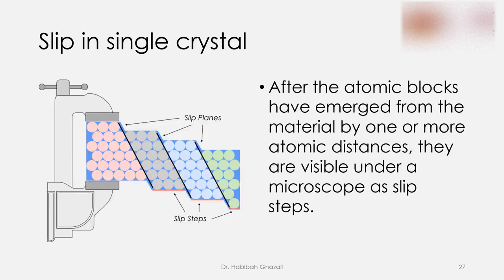After the atomic blocks have emerged from the material by one or more atomic distances, they are visible under the microscope as slip steps. So when you look at the microscope, you can see the plastic deformation.